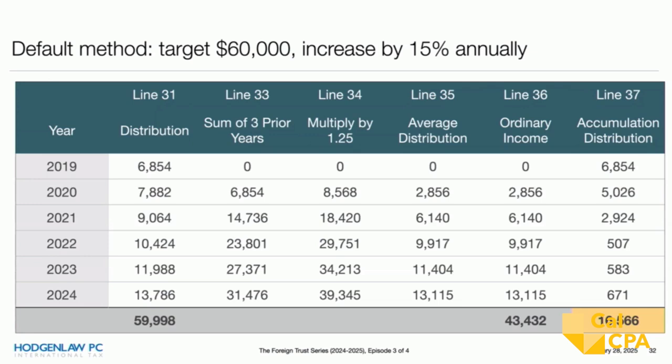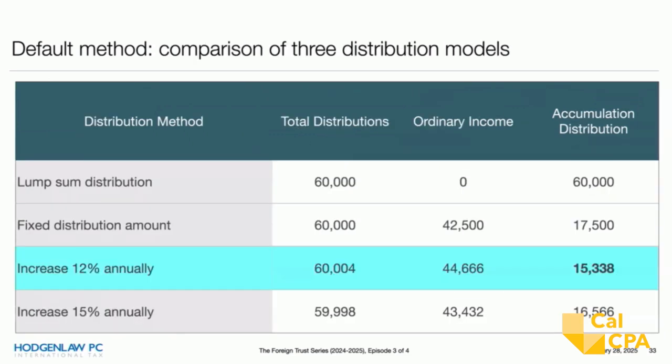But then years 22, 23, and 24 all still have accumulation distributions because the amount of the distribution is going to be higher than the average amount, the line 35, that's there every year. So we have slightly higher accumulation distribution. So you have a penalty for going above that 12% increase in the distribution amount every year.